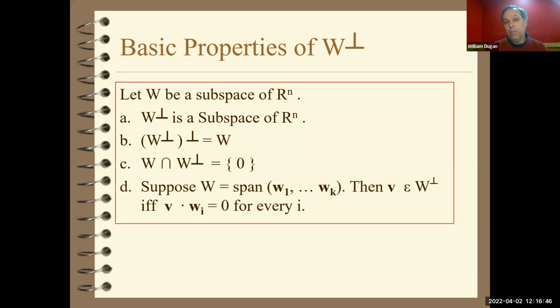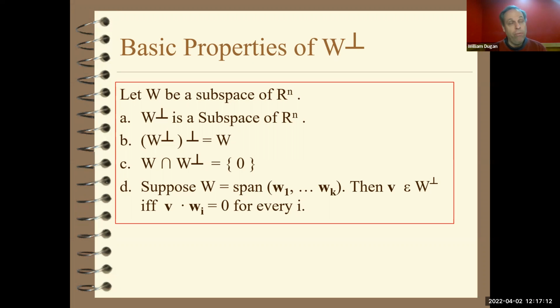So if a vector is in W perp, then it must be orthogonal to every vector that spans the space. Most of these things are really easy to prove. It's just a matter of writing down notation and being careful. I'll do one of them right now, A. Many of these you'll do on your own. B is something that we can prove towards the end of this lecture that I'm just not bothering doing.